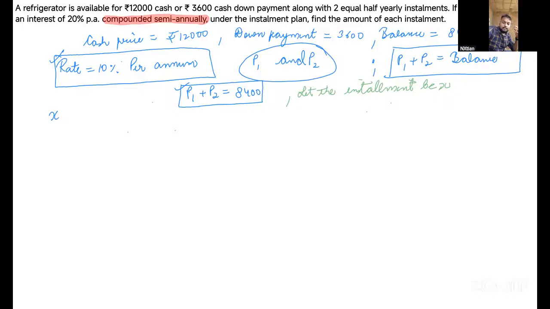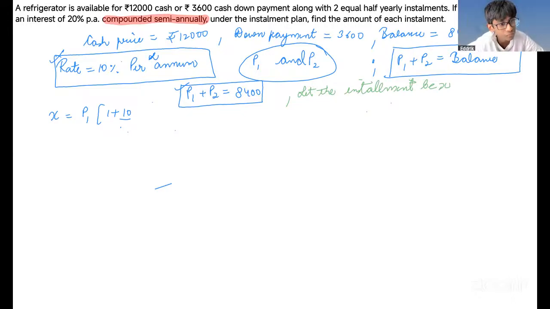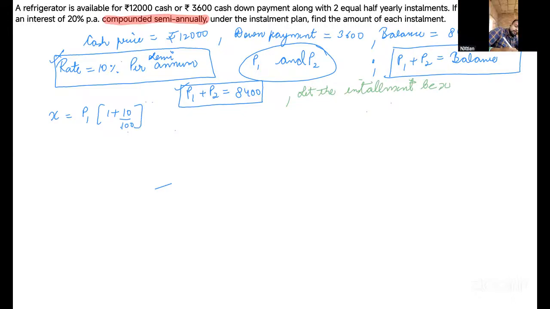X is equal to P1 into 1 plus R upon 100, where rate is 10%, into 1, because only one time, it is the first installment.